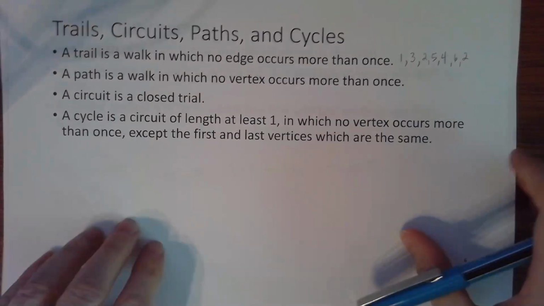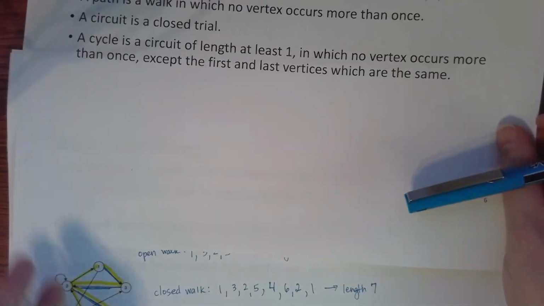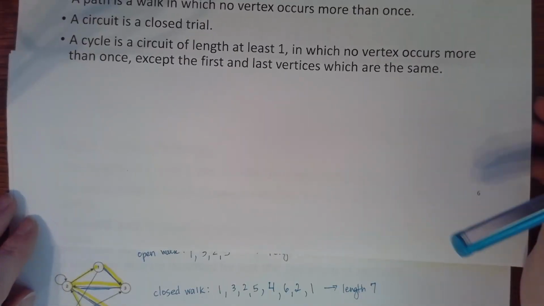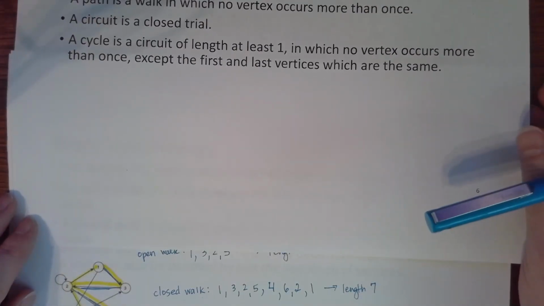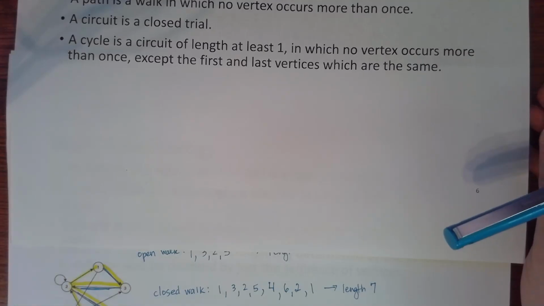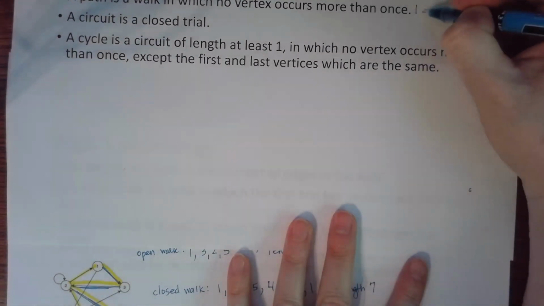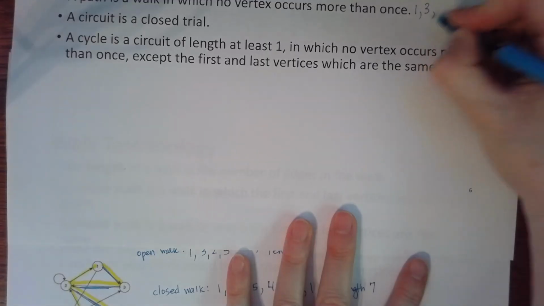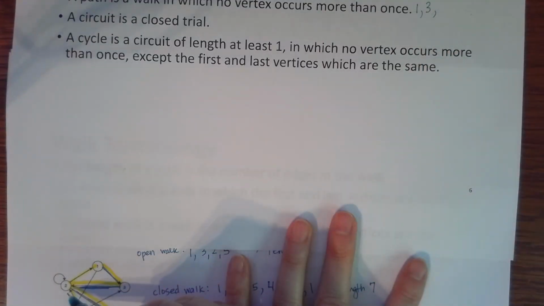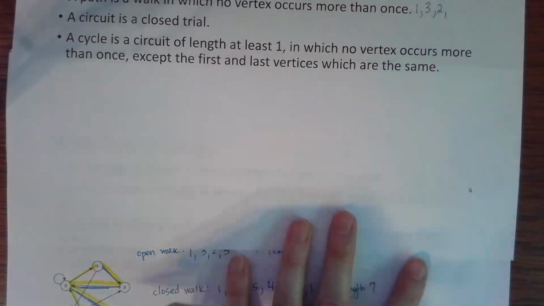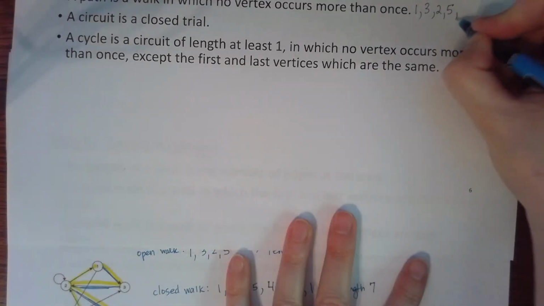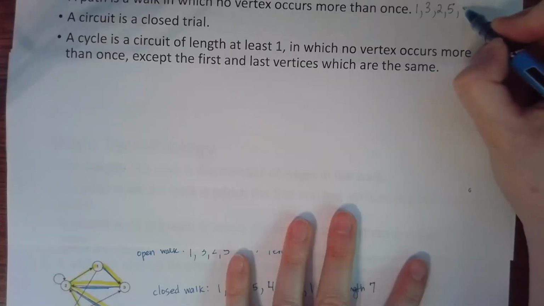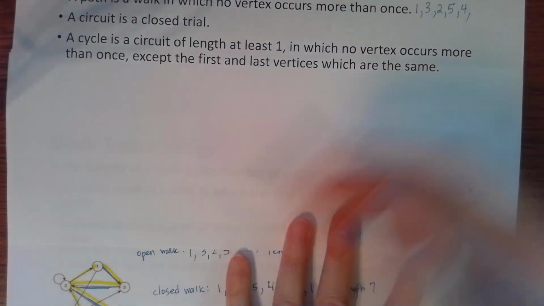Okay, so let's look at an example from that one. Let's see if we wanted to try to get a kind of long path where we don't repeat any vertices. Suppose we could start at 1 here and then move to 3 and then over to 2 and then let's say down to 5 and then over to 4 and then over to 6.